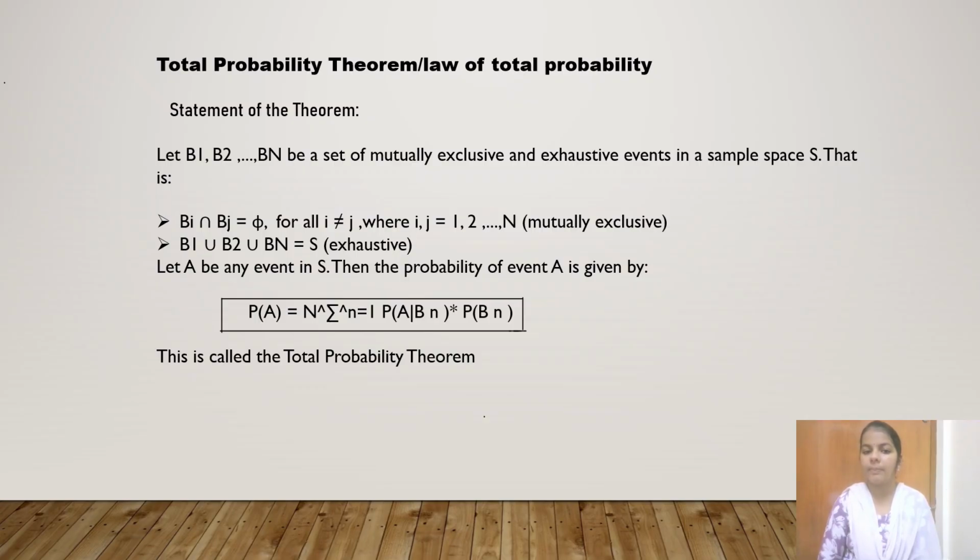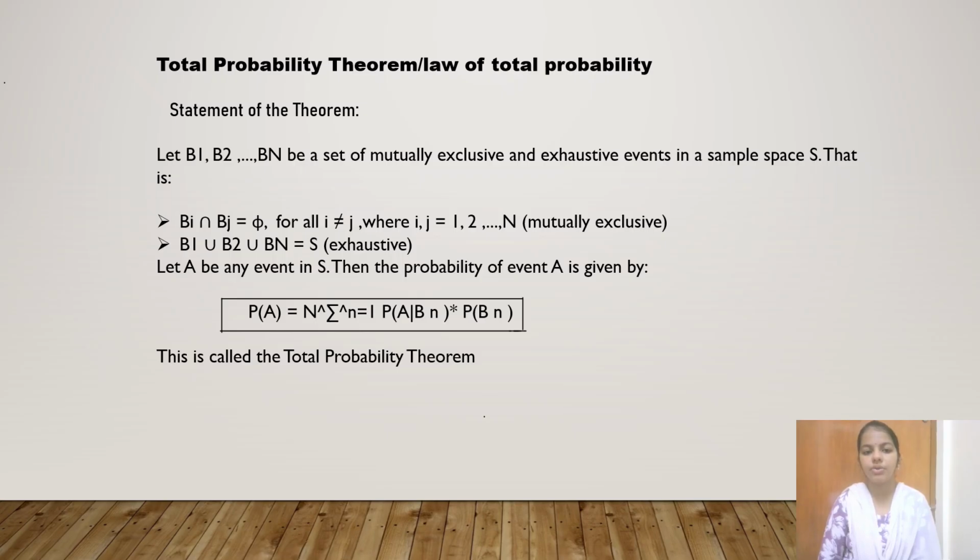Let B1, B2 and so on up to Bn be a set of mutually exclusive and exhaustive events in the same sample space S. That is, Bi intersection Bj equals phi for all i not equal to j, where i, j equals 1 to n, and so they are mutually exclusive.